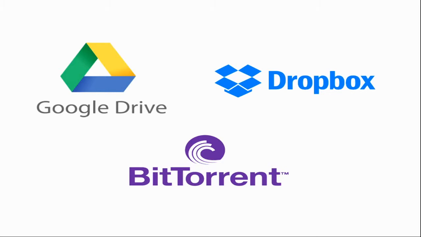BitTorrent now, of course, is associated with this illegal file sharing, whereas archive.org and many Linux distributions use BitTorrent to laterally distribute files between peers in a very, very efficient manner.